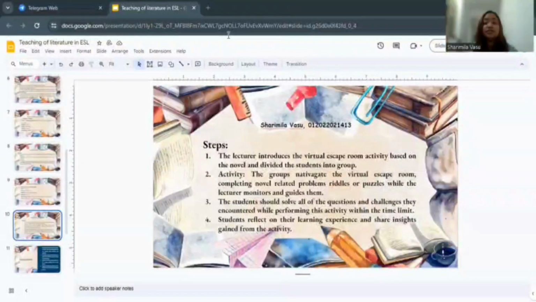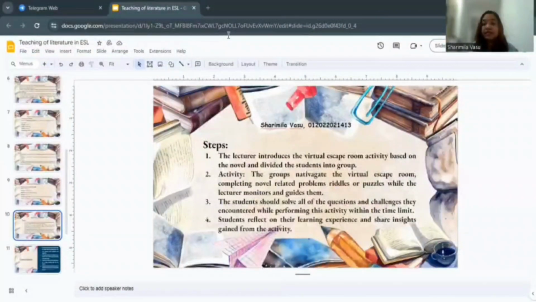The lecturer divides the students into 3 or 5 members with different backgrounds and abilities. The lecturer assigns each team a unique team name for easy communication during the activity.